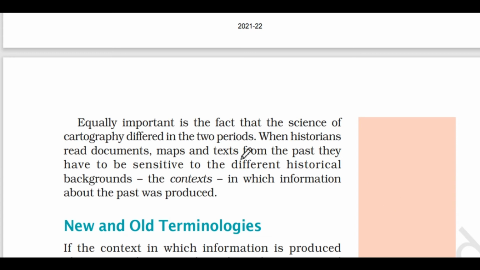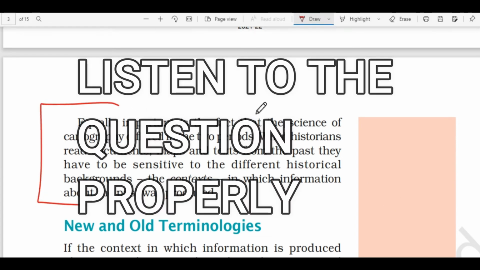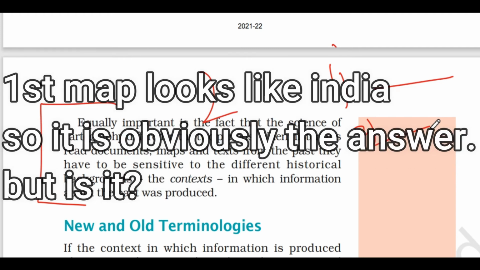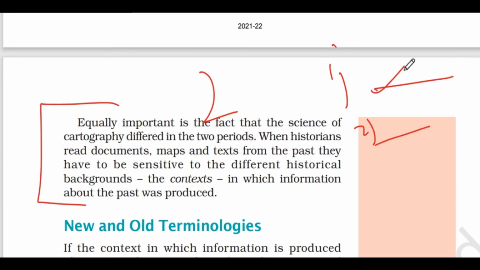So before I explain this paragraph, I want to ask you a very simple question. For example, if I give you two maps, the first map looks completely like India and the second map looks completely different from India, and I ask you which map is of India. You'll obviously say that the first map is of India, but historians have a completely different point of view on this, and they think both the maps are of India.